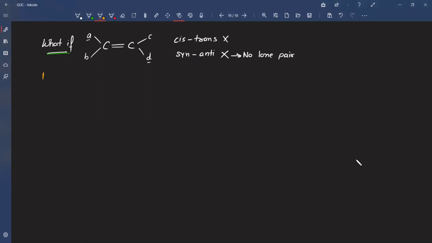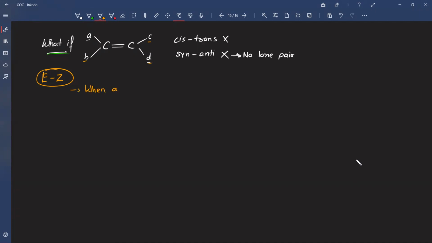So the nomenclature which we are going to use here is called E or Z nomenclature. So just like syn and anti, cis and trans, there is E and Z. It will be used when there is a C double bond C or cycloalkane and all the four substituents are different.